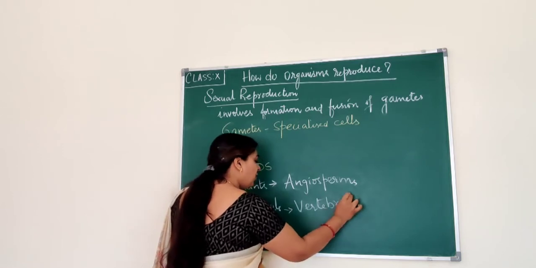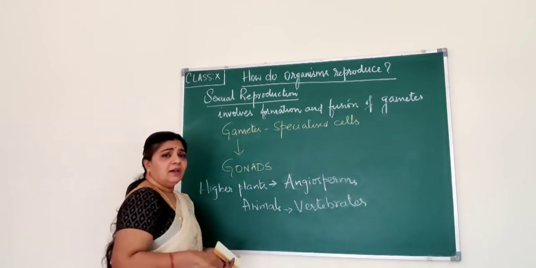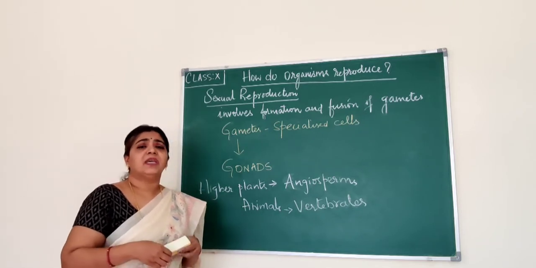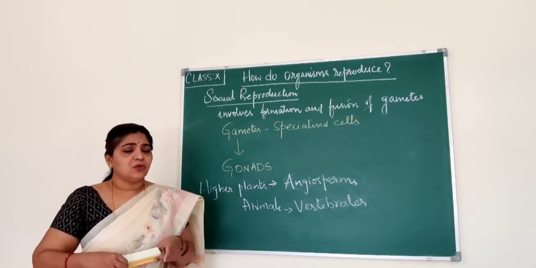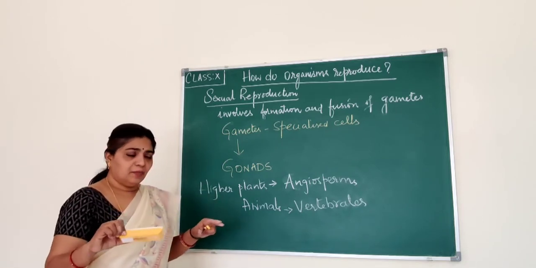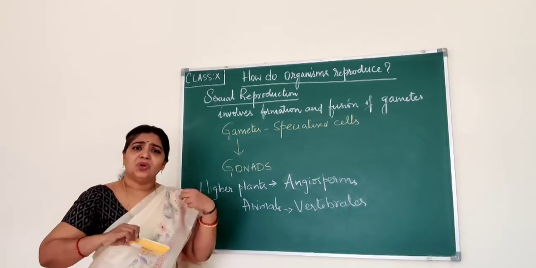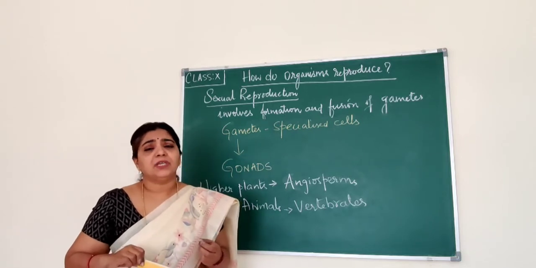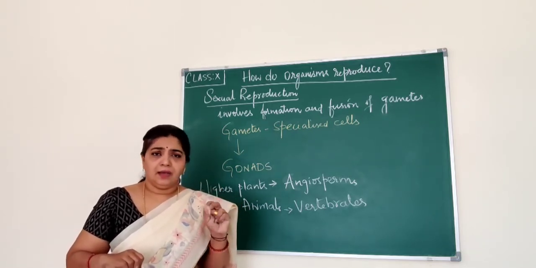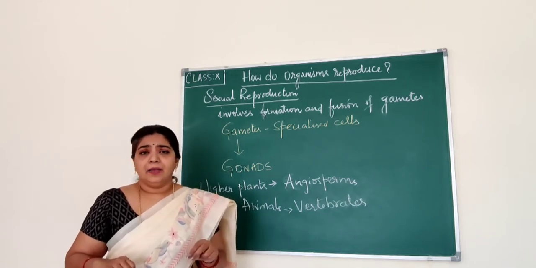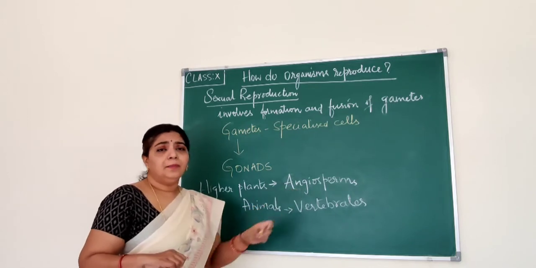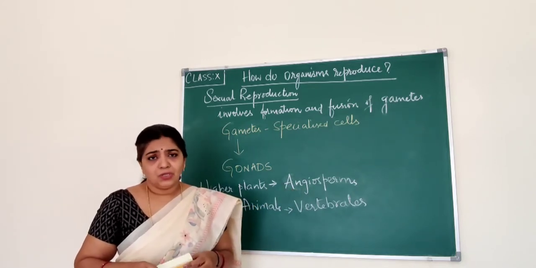We see formation of gametes in a few plants, even in gymnosperms, and in a few invertebrates also, but we are not going to learn about them, because when we talk about sexual reproduction, what comes to our mind is the higher plants and higher animals. Higher animals means the vertebrates, and higher plants means the angiosperms.